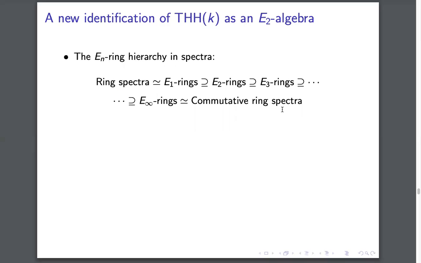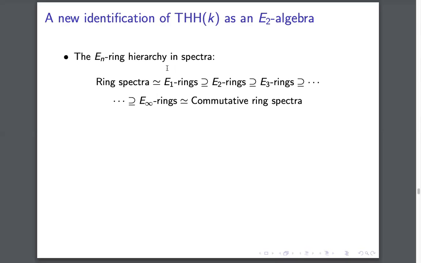And actually, in a lot of situations, not only in spectra, but in many other situations, you have these E_k algebras, which somewhat sit between associative rings and commutative rings. If you're familiar with operads, these are just algebras over the E_n operad in spectra. That's the correct way to think about it.